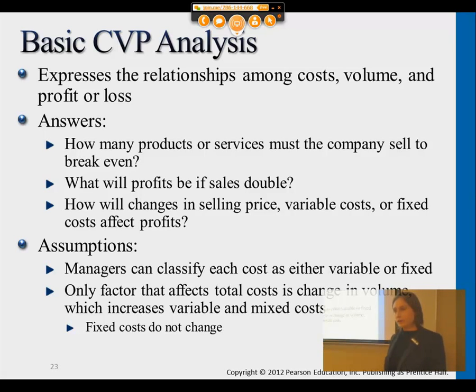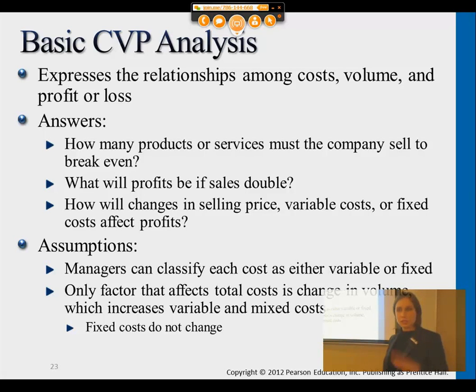Okay, so the following assumptions are something that you just need to keep in mind. This is true for CVP analysis. So managers classify costs as either variable or fixed, done by managers, okay? And then the only factor that affects the total costs is the change in volume, okay?